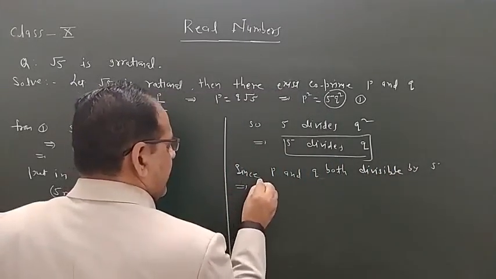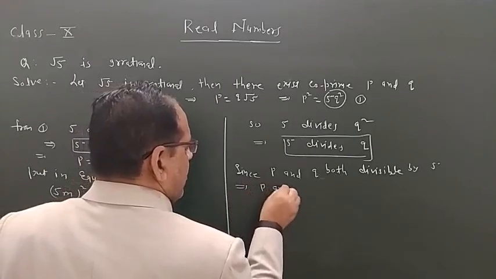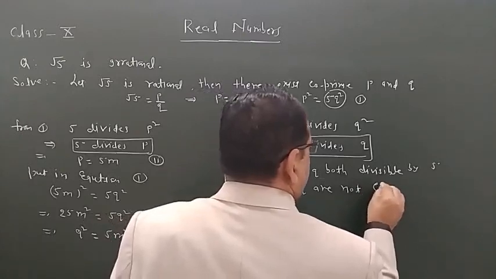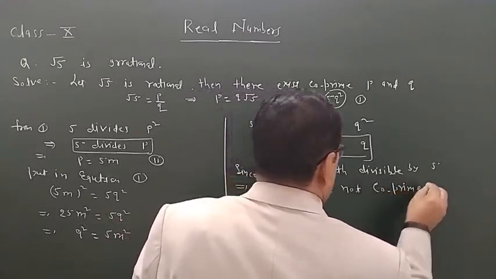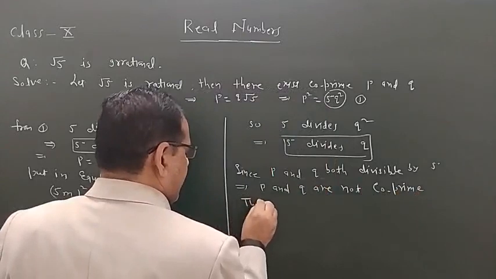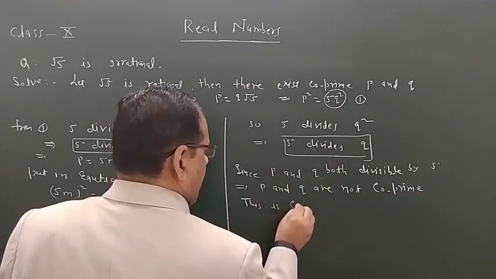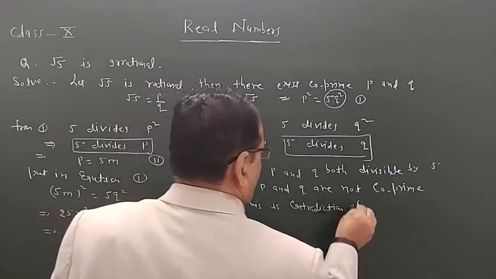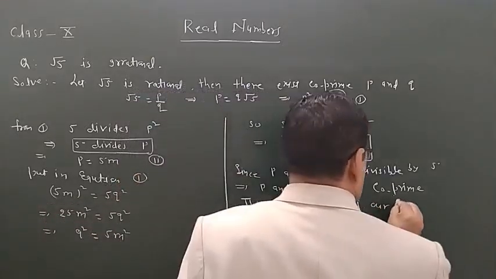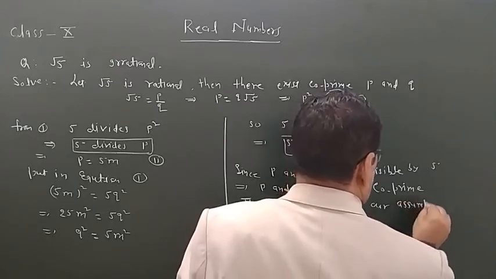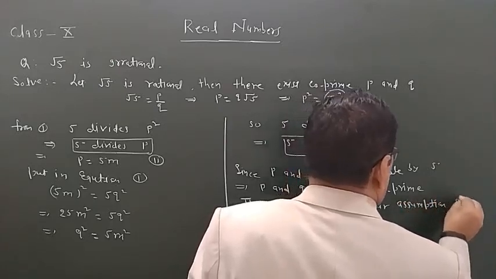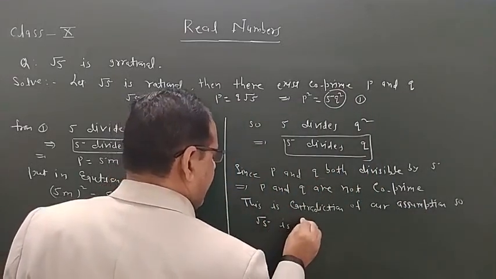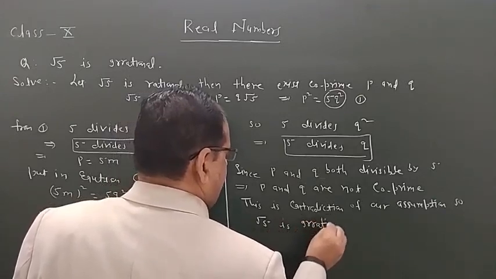This implies that p and q are not co-prime. This is a contradiction of our assumption. So root 5 is irrational.